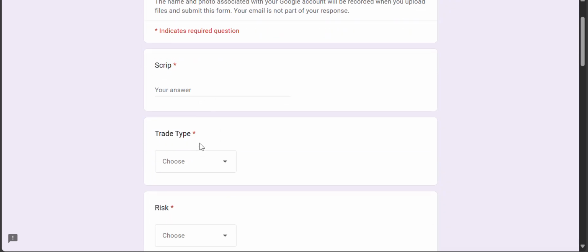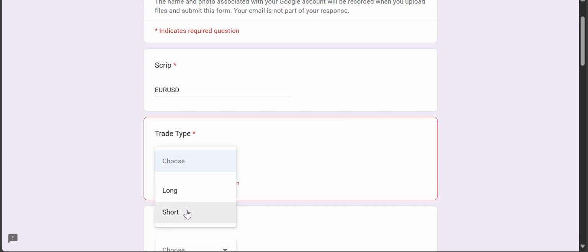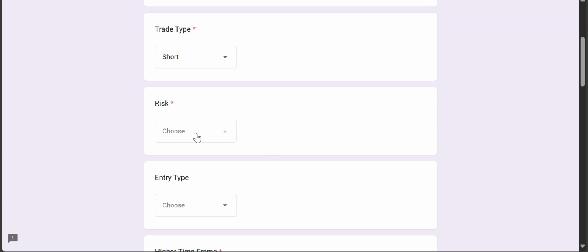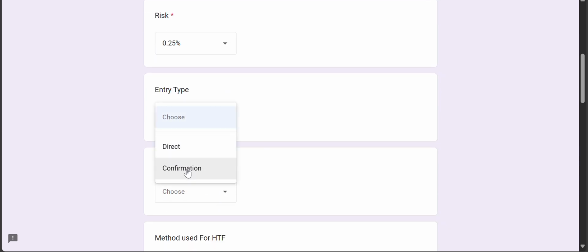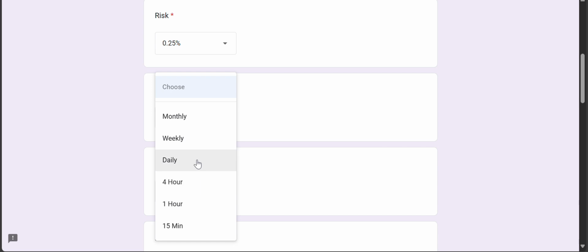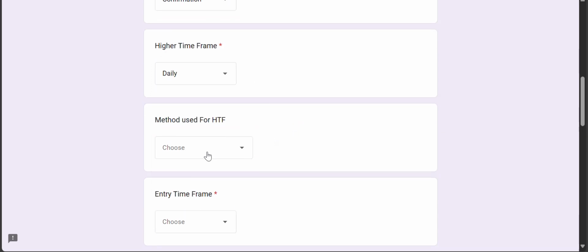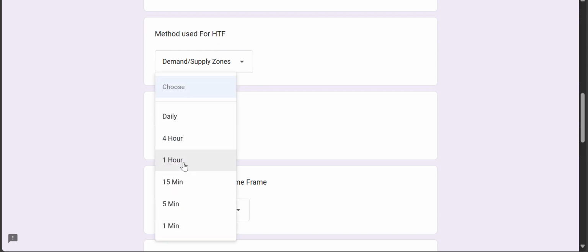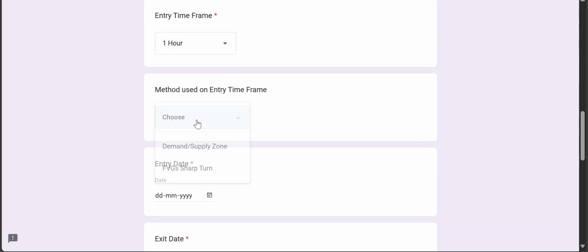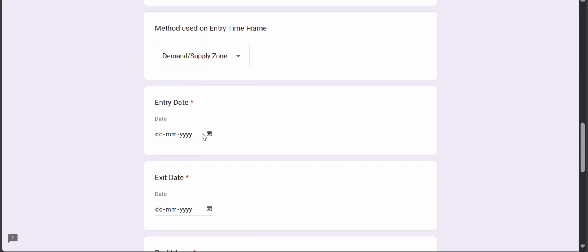Okay, now we will put it in our journal. What was the script? Euro USD. What was our trade type? It was short. What was our risk? 0.25%. Entry type would be confirmation. High time frame was daily. Method used on high time frame: demand and supply zone. Entry time frame would be 1 hour. Method used for entry time frame: demand and supply zone.